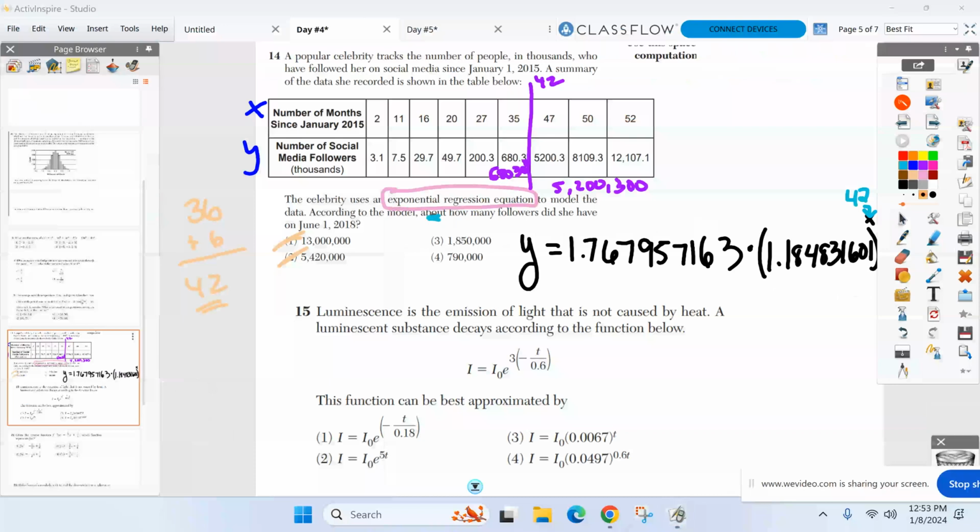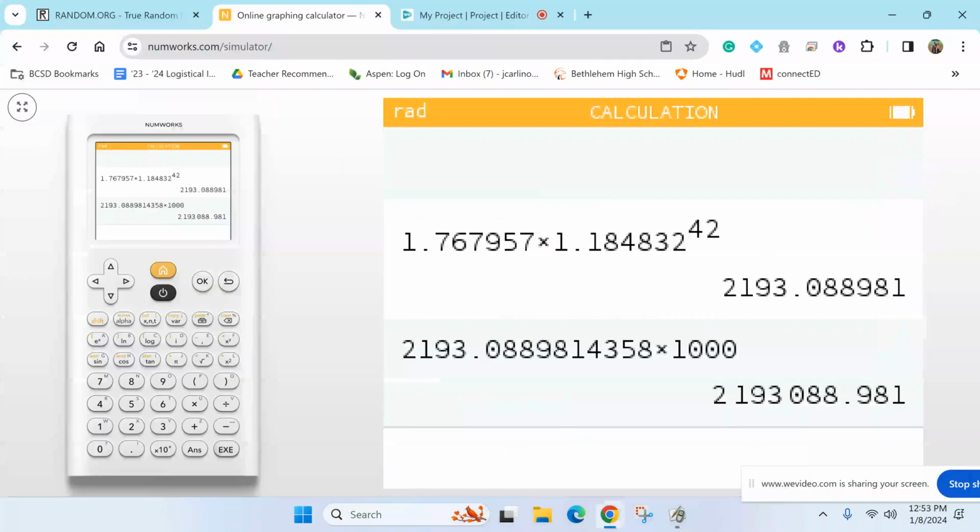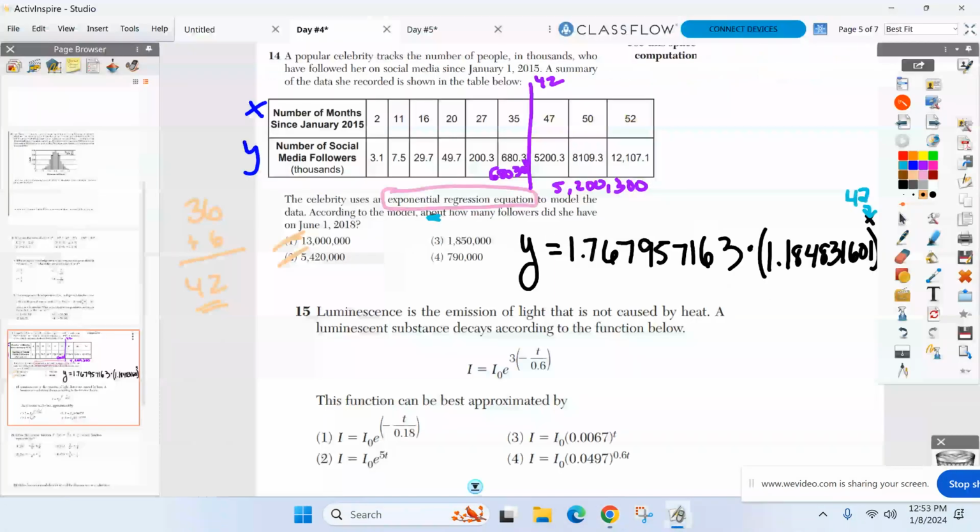So I gotta choose the one that's closest to it, which would be what? About how many followers, according to the choices they give me. $1.8 million.